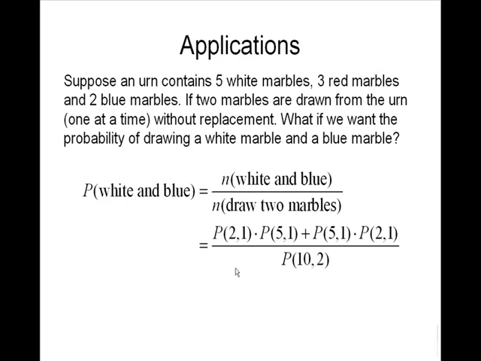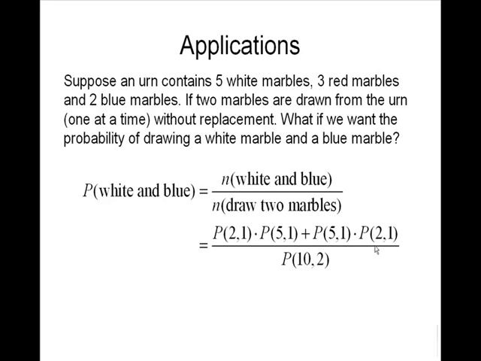If I'm assuming that order makes a difference here, I could have a white first and then a blue, or a blue first then a white. That's where these 2 terms come from. The first term says from the 2 blue, I want to choose 1, and from the 5 white, I want to choose 1. And then over here we switch that around and say now from the 5 white I want 1, and from the 2 blue I want 1.